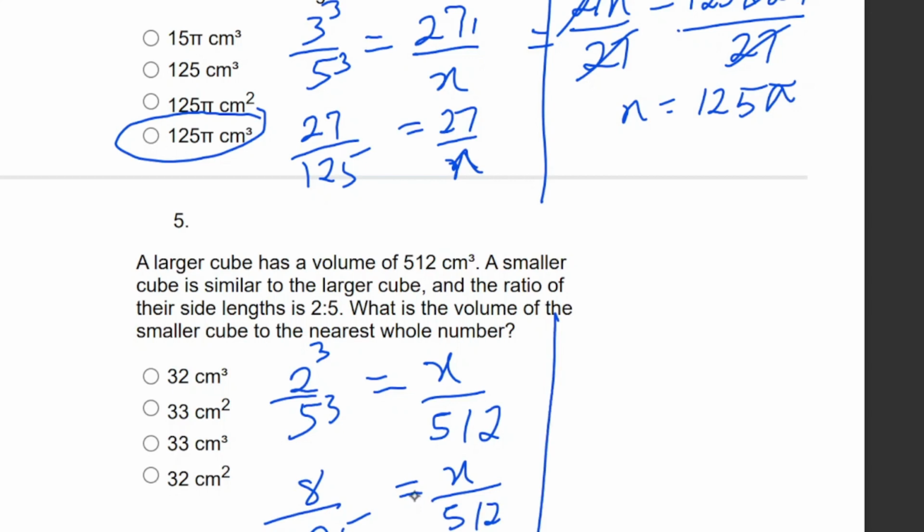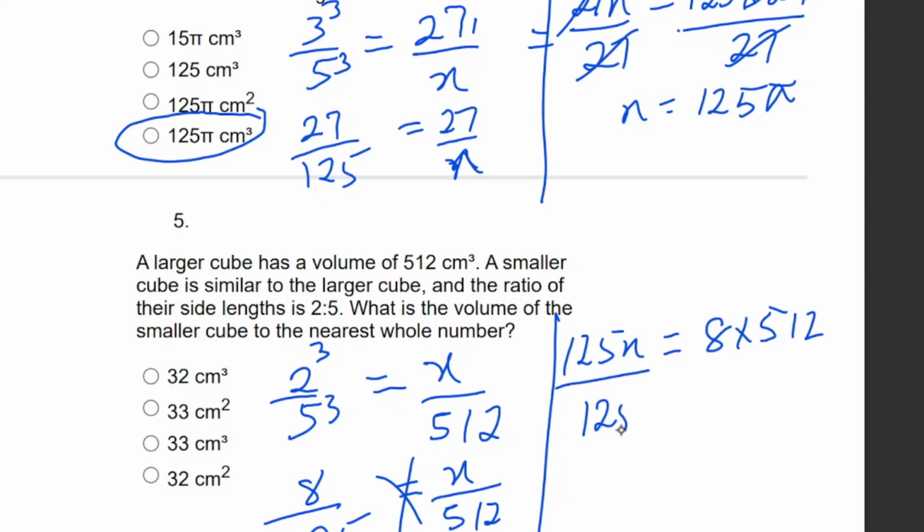So then here we cross multiply, we have 125x equals 8 multiplied by 512, everything divided by 125. The 125 cancels. Then x equals 512 times 8, divided by 125.